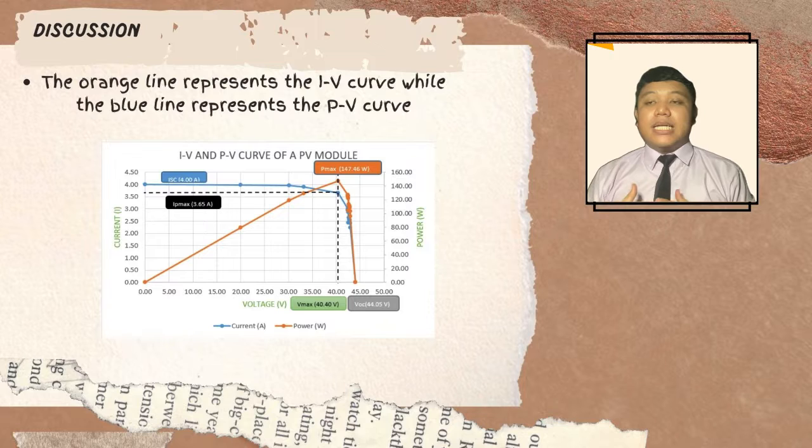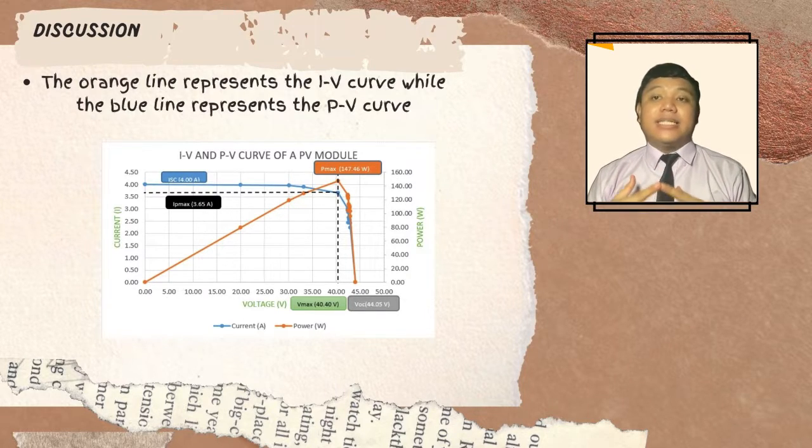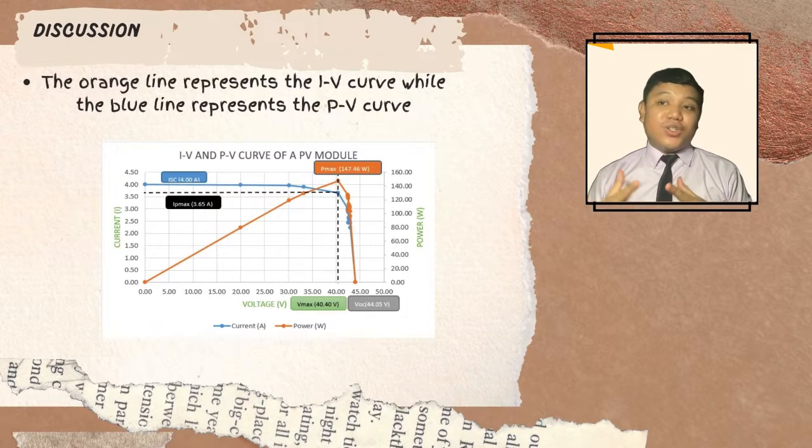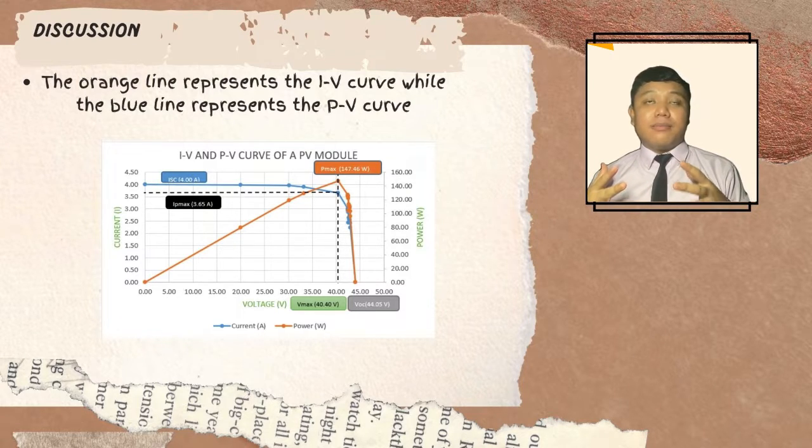From the graph, the orange line represents the current-voltage curve, while the blue line represents the power-voltage curve. From the graphs, it was possible to determine the maximum power, which is the highest point of the graph.